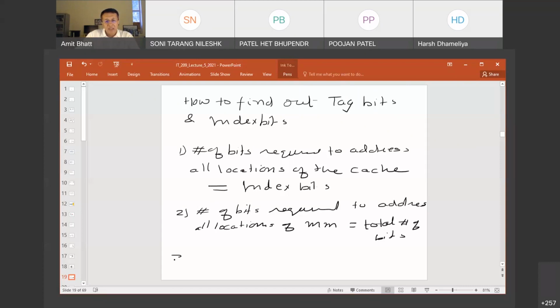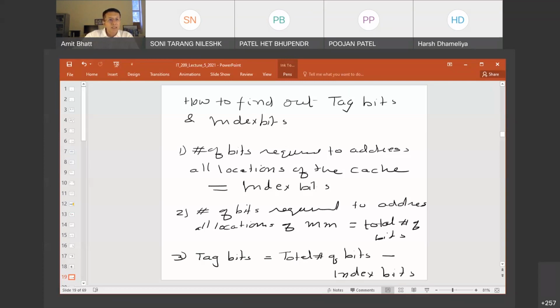And tag bits is equal to total number of bits minus index bits.